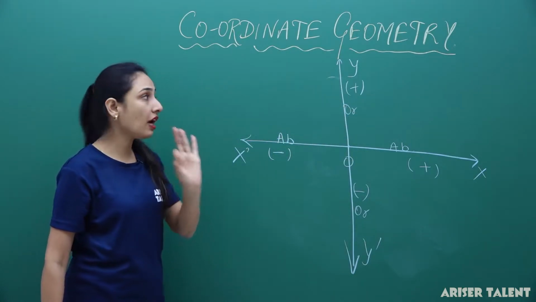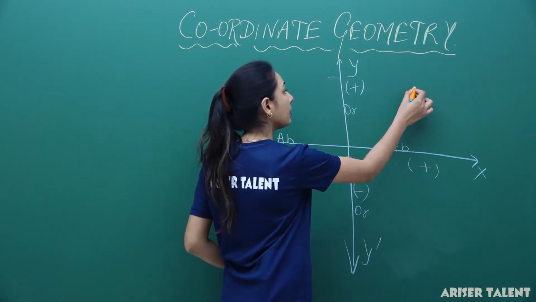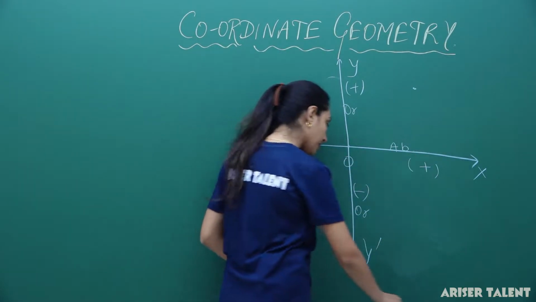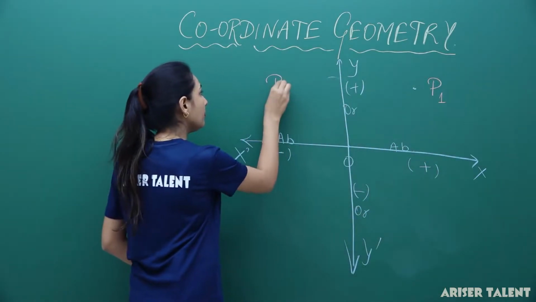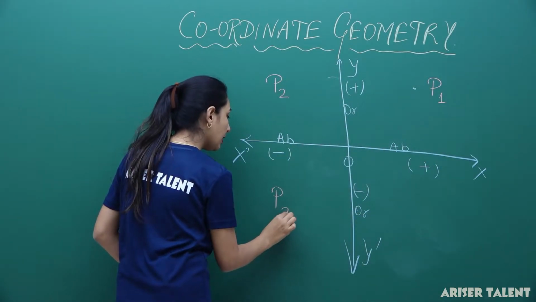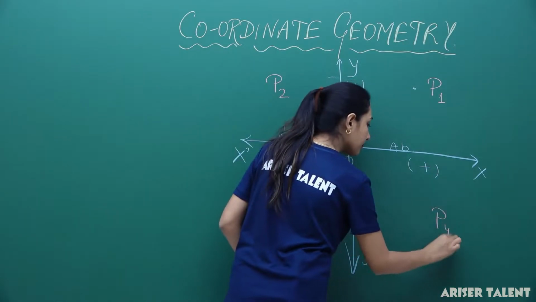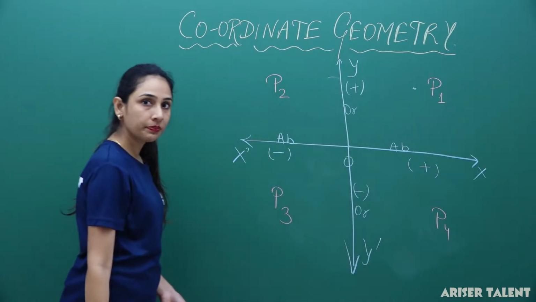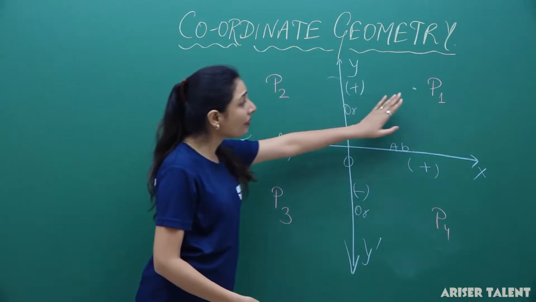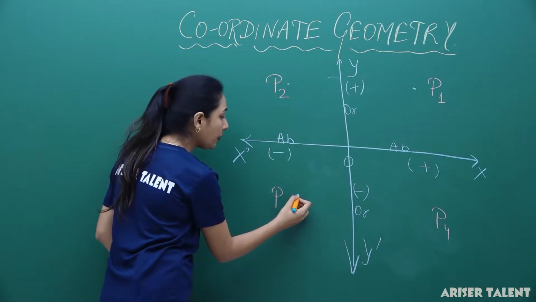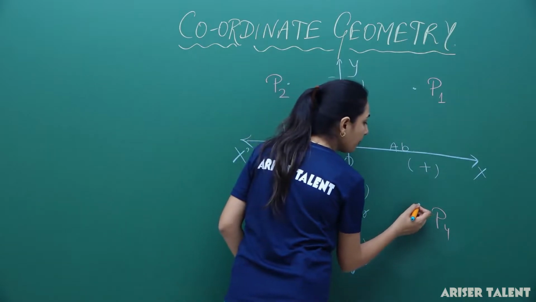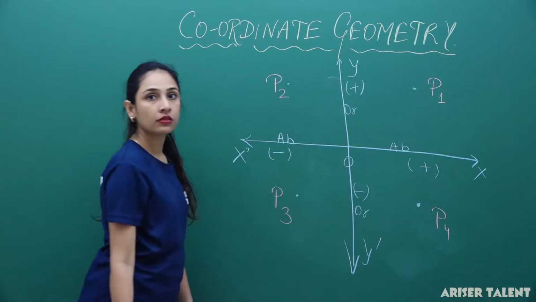Now, if I have a point here, let's suppose this is P1, and I have P2 here, P3 here and P4 here. Understood?